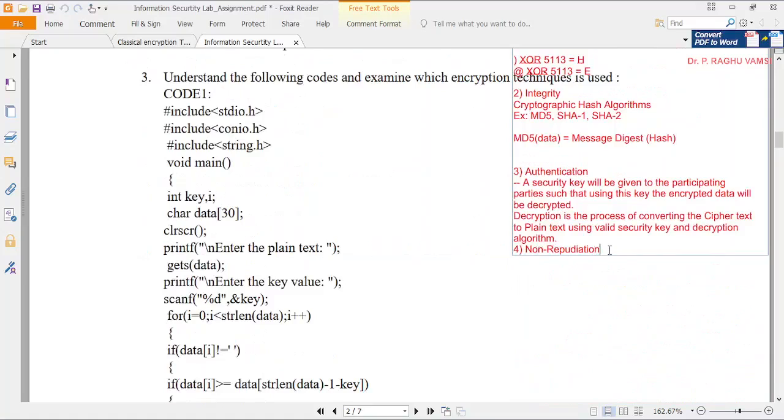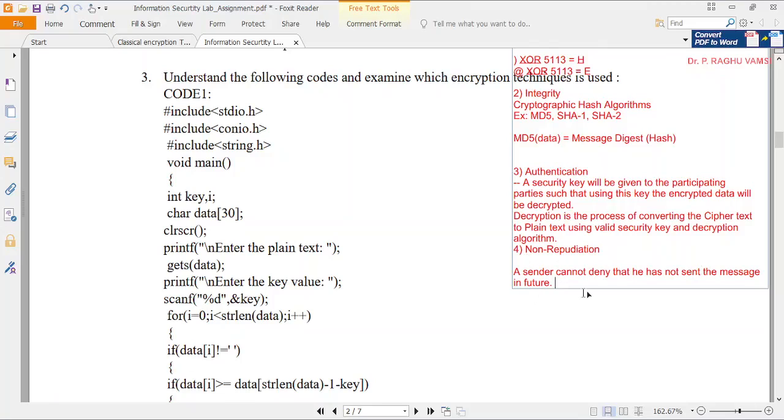Non-repudiation is the property that a sender cannot deny in future that he has sent the message. That means a sender has sent the data, but in future he cannot deny that he has not sent this particular message.